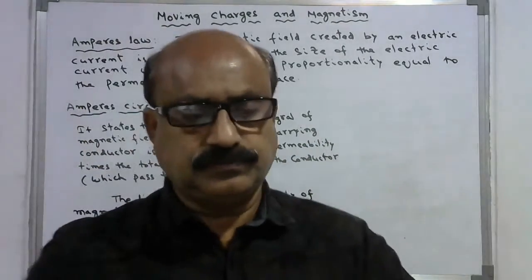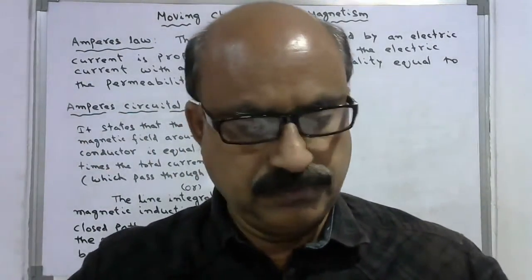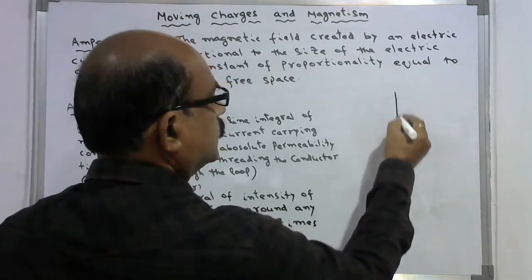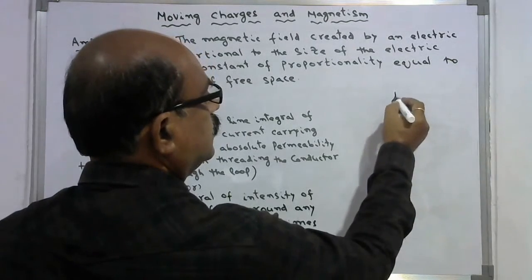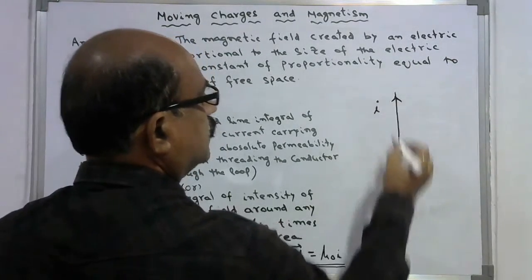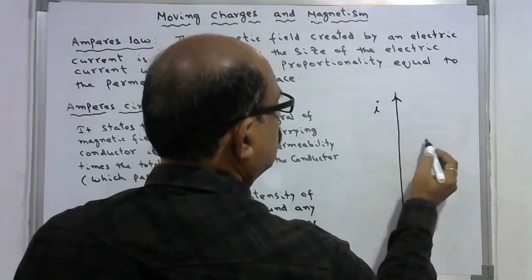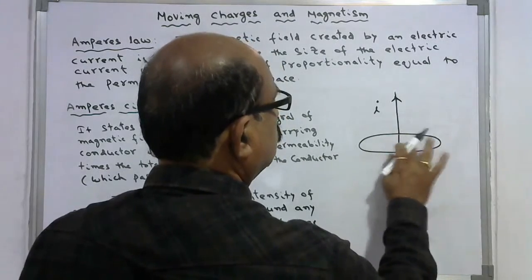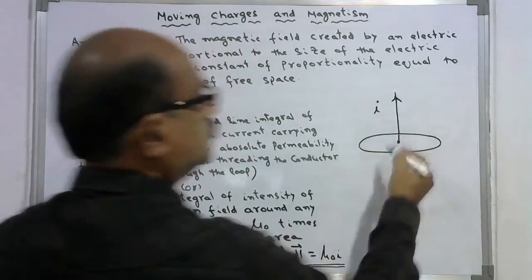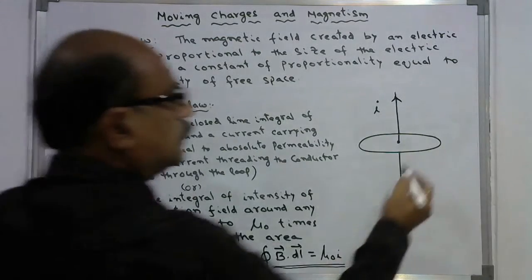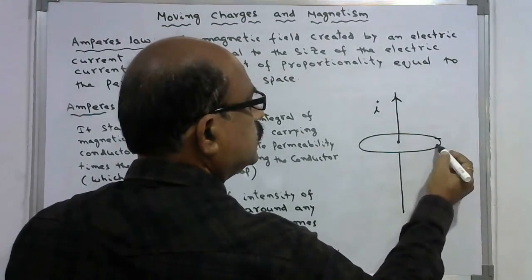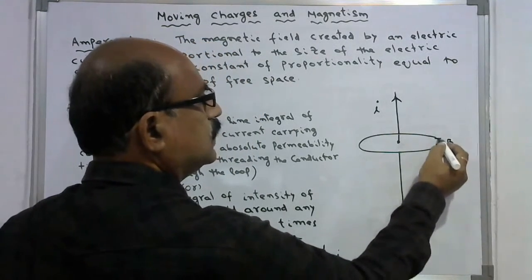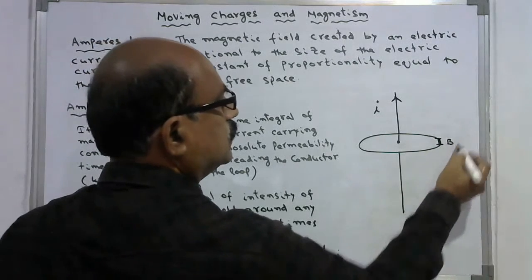Now suppose you imagine that this is the current carrying conductor which carries current I, and the magnetic field is formed in a circular loop. This is the circular loop. At a distance, I would like to find the magnetic induction at this point. I consider a small element of length dl.